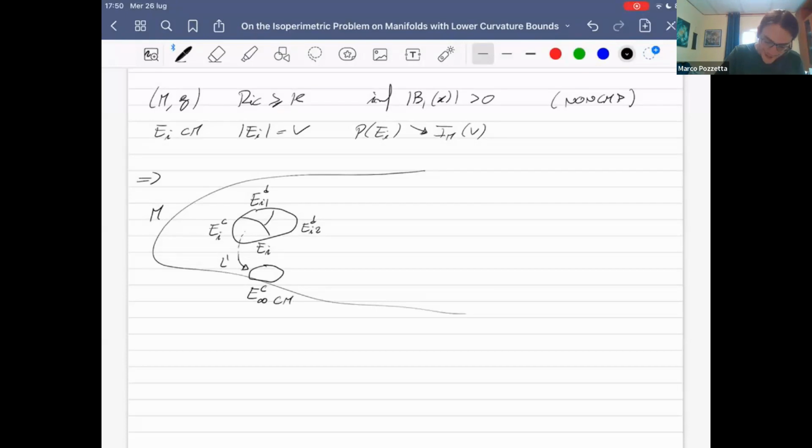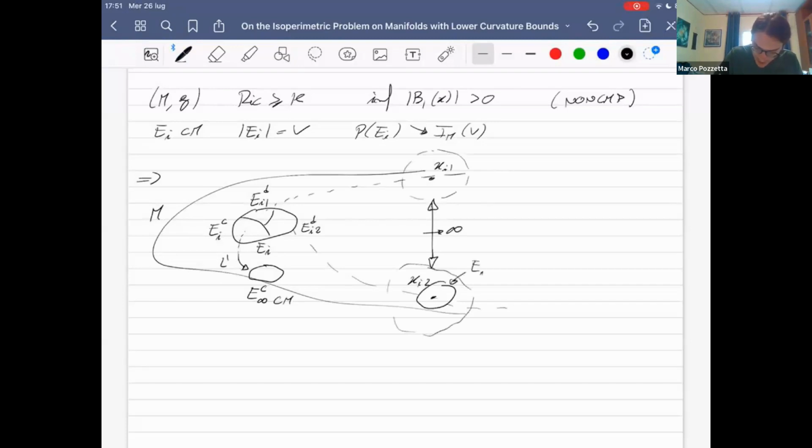In the following sense, there exist sequences of points, x_i^1 and another sequence, x_i^2, going towards plus infinity, so they escape any compact set, and also they are mutually diverging, so the distance between the two sequences goes to plus infinity. And I can identify some radii that eventually contain E_i^{1,D}, E_i^{2,D}, and so on. And so I can tell you that in this sense, this part of the mass goes to plus infinity.